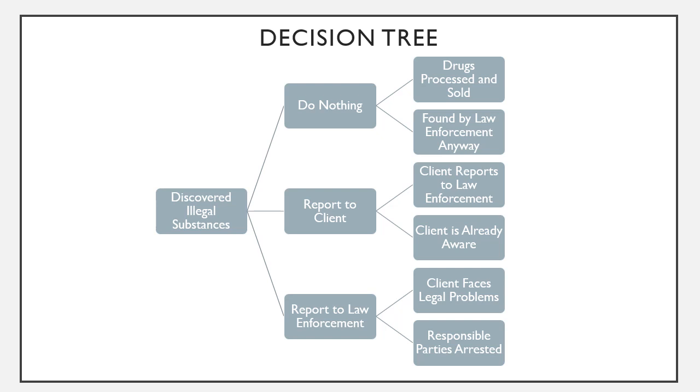So starting at the top, we have a problem encountered which requires a choice on our end. Having found the illegal substances during the course of our work, we will need to make a decision in some manner. Our original discussion is having found a drug crop or processing occurring during the course of a boundary survey.